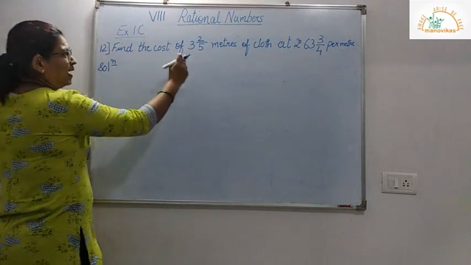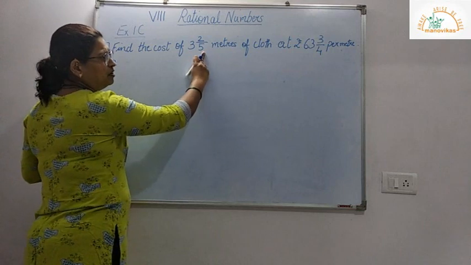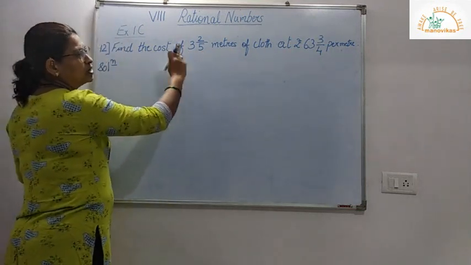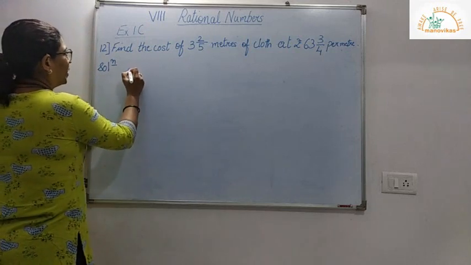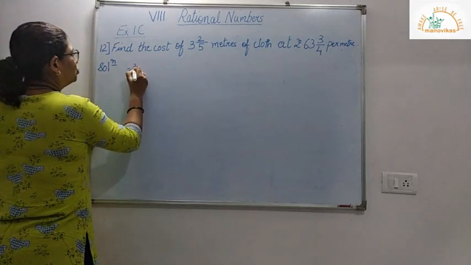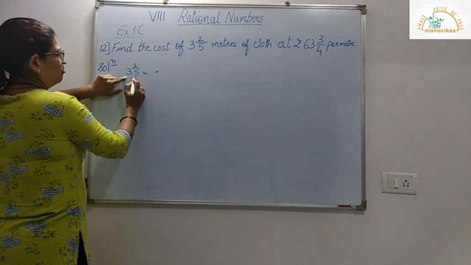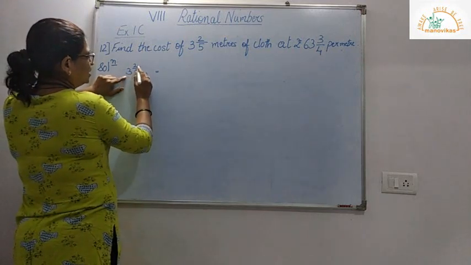So before that, let me express the given meters and rupees in improper fractions, because these are in mixed fractions. So my 3 2/5 meters can be written as 5 3s is 15, 16, 17.